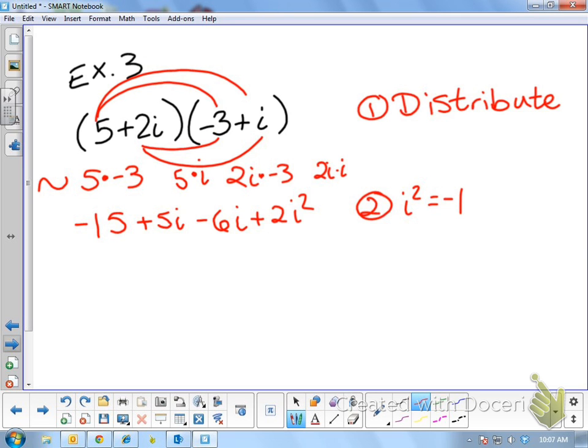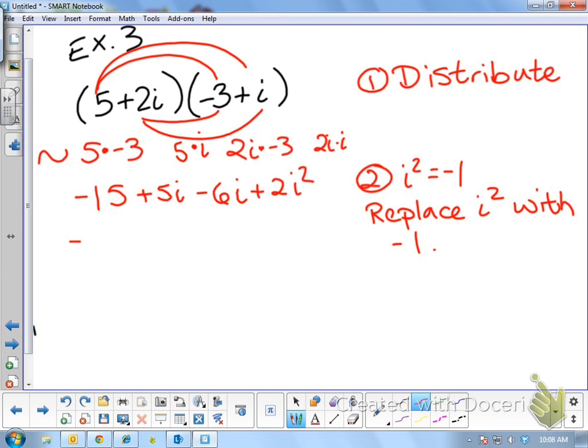I can't replace i, I can only replace i squared. So we replace i squared with negative 1, because we know that's what i squared equals. We do not replace the i's that aren't squared, only the i squareds.